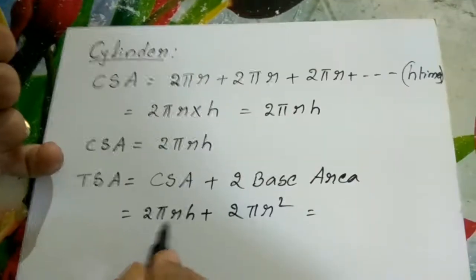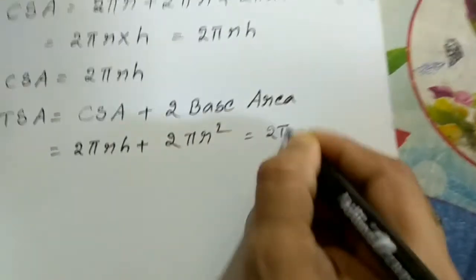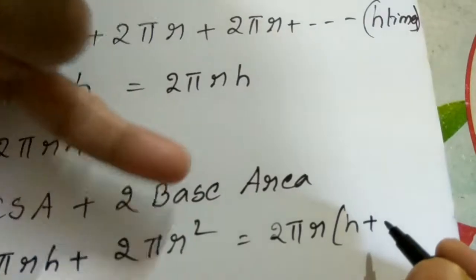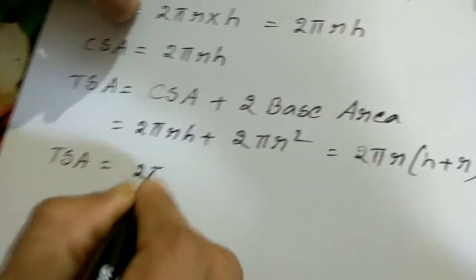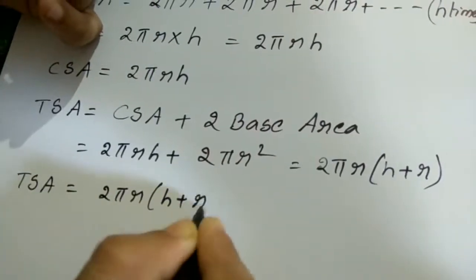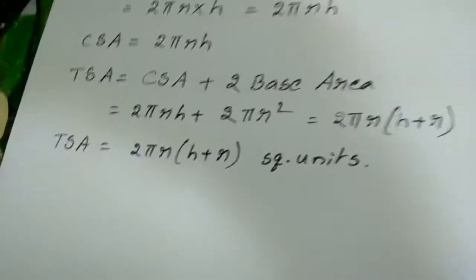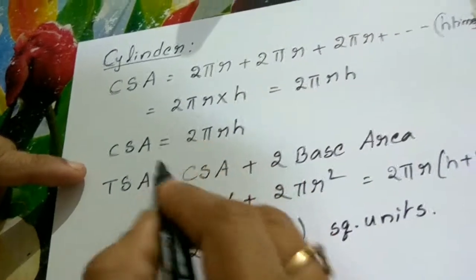Now you can find 2 pi r common in both the terms. So we can take 2 pi r as common, which leaves h here, and here, out of r square, if one r is taken common, it leaves r again. So the TSA of a cylinder is 2 pi r into (h plus r) square units. When we talk about the generalization, CSA is h times the perimeter of the base.